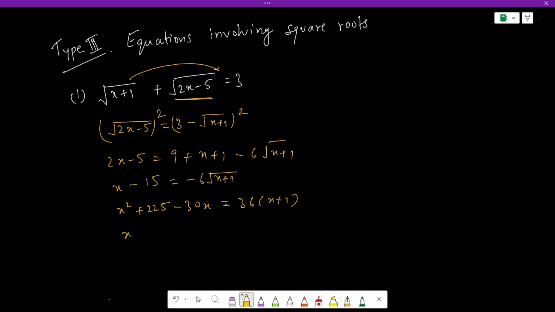Now this becomes x square minus 66x plus 225 minus 36 equals 0. So this is x square minus 66x plus 189 equals 0.